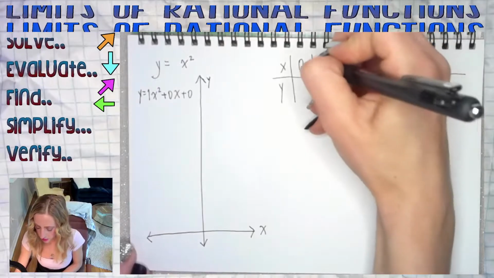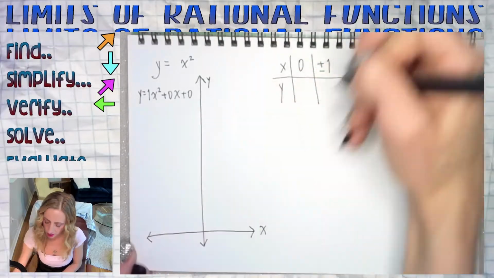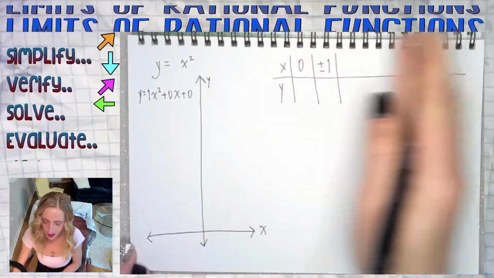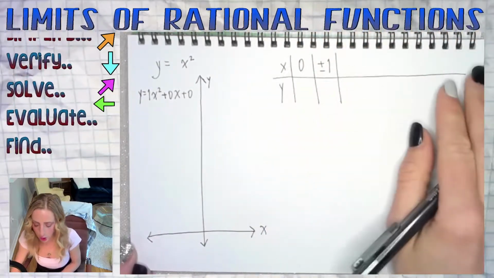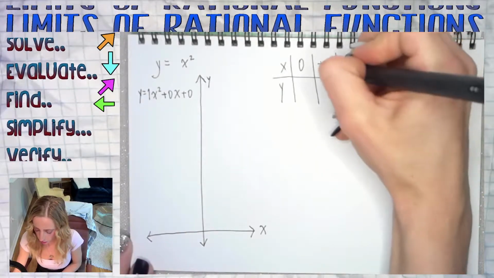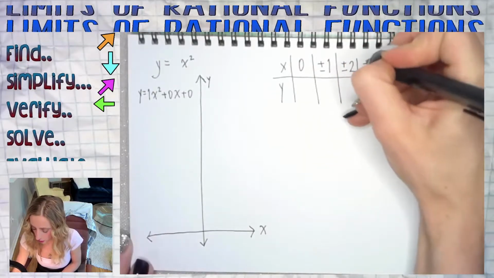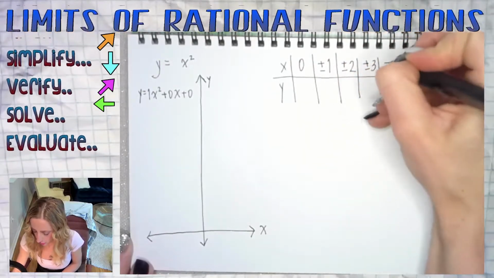What that means is if I plug in 1 or if I plug in -1, I'm going to get the same output. So that's why you might see people only go on one side and then just mirror image the other side. If I plug in 2, I'll get the same answer that I would get if I plugged in -2, and so on. So I'm just going to write down a few of these.